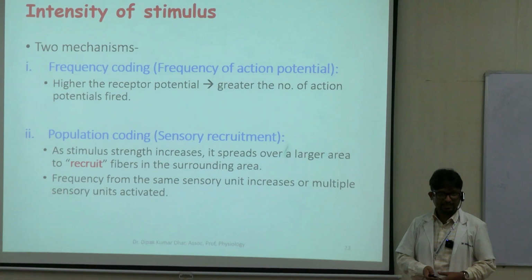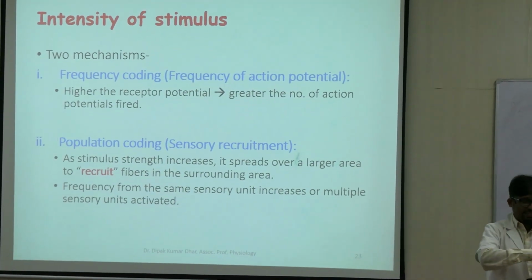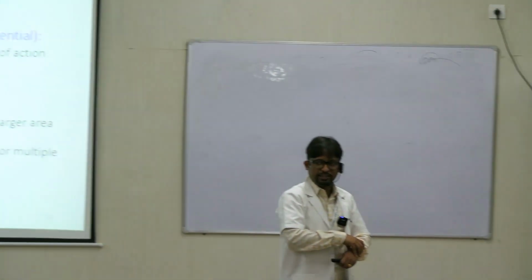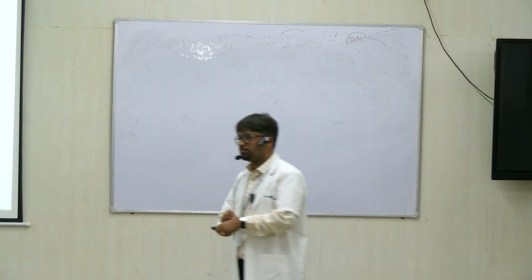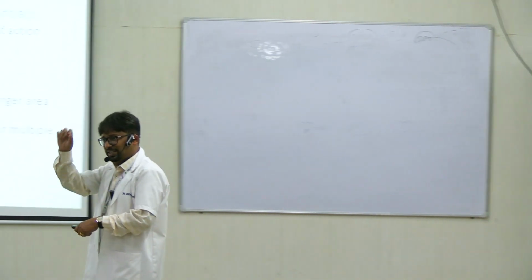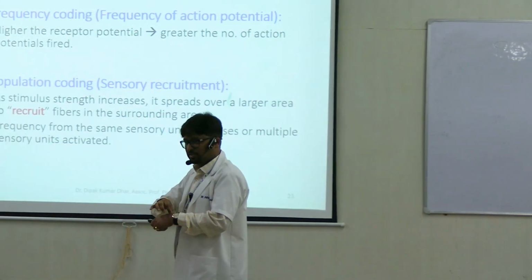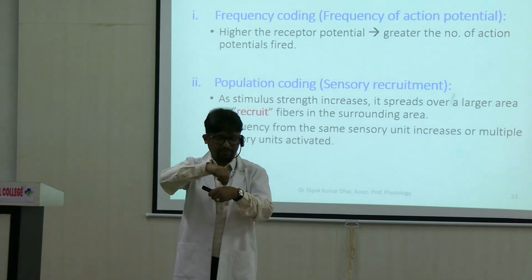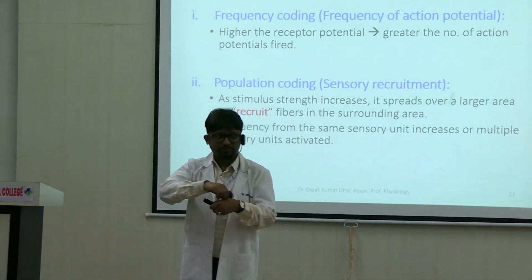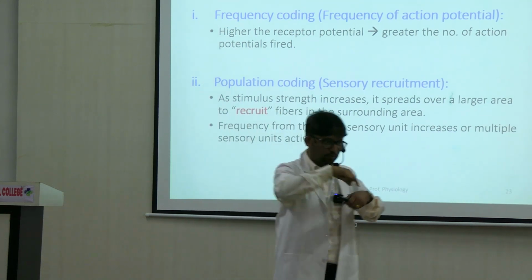As the stimulus strength increases, it tends to spread over a larger area, right? Suppose you think of a prick using a pencil. If it is a smaller or low intensity impact, a small area gets deformed on the skin.